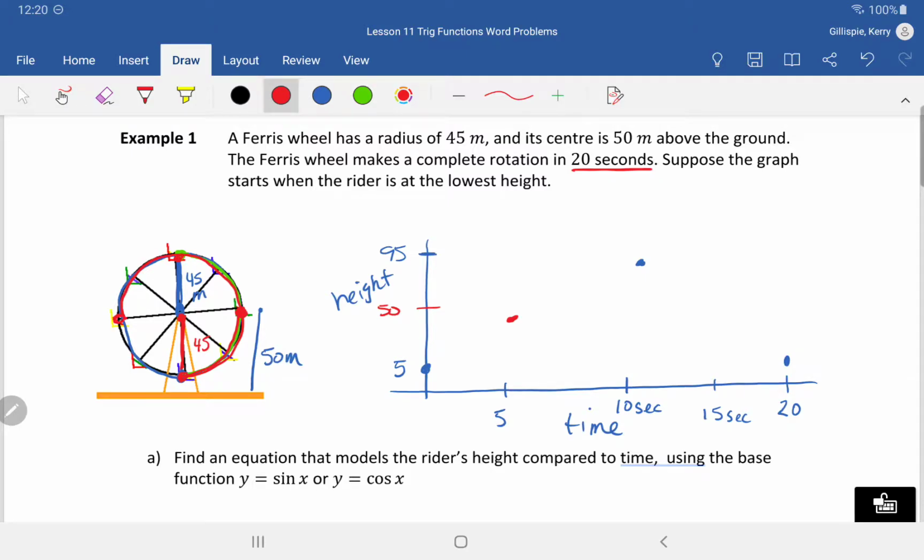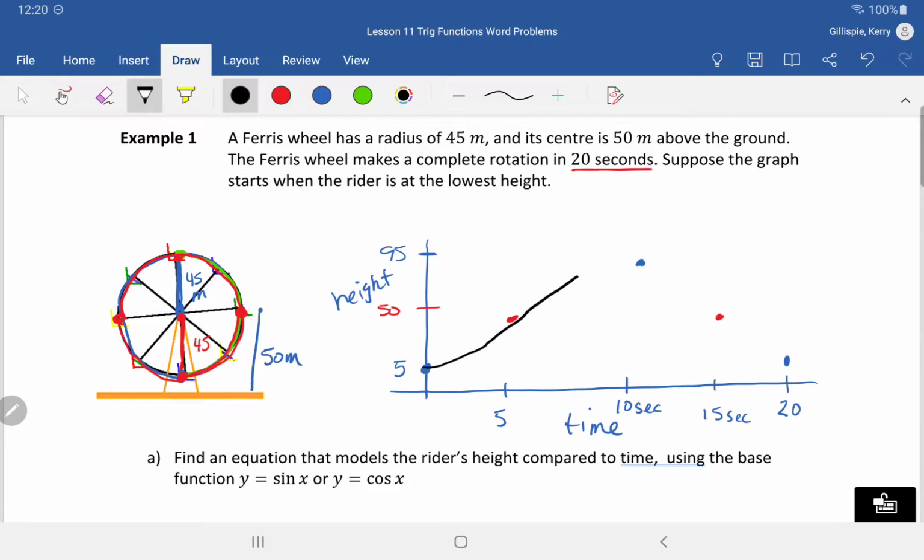At 15 seconds, they're back to that height of 50. And at 20 seconds, they're back to the bottom. Okay, and again, this is considering that the wheel is going at a constant speed, and basically from the moment they get on that bottom cart, they are traveling at a consistent speed throughout.